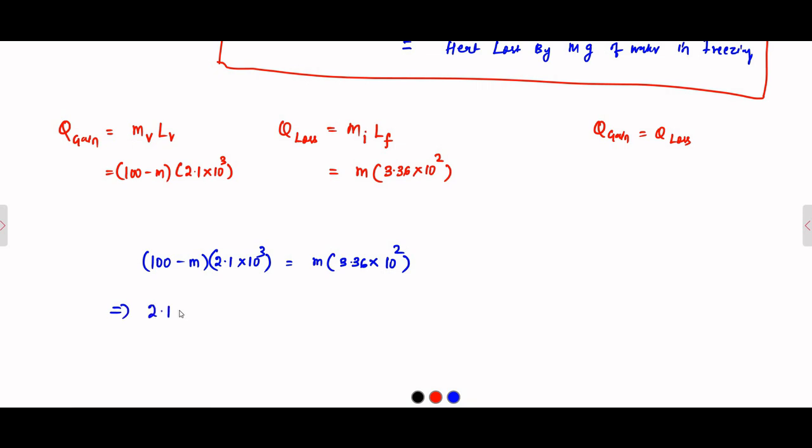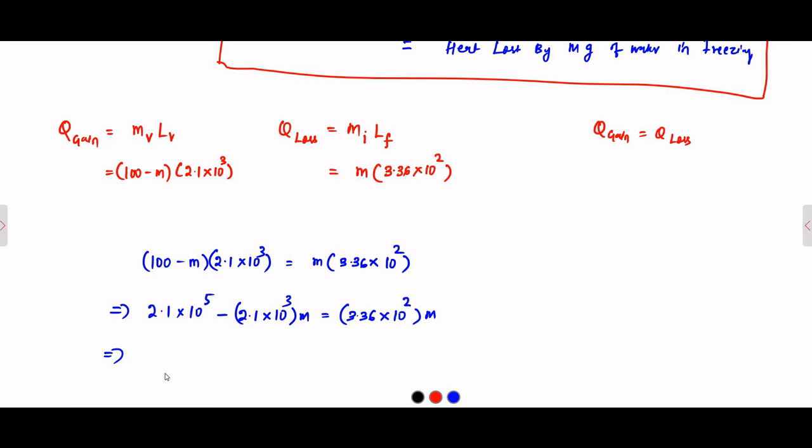Okay, that implies 2.1 into 10 to the power 5 minus 2.1 into 10 to the power 3 m is equal to 3.36 into 10 to the power 2 m.